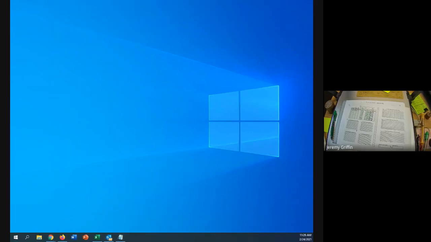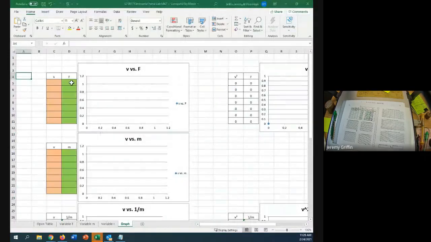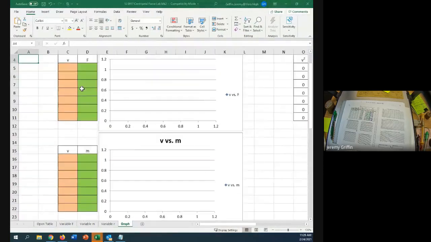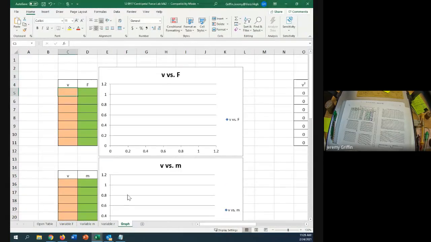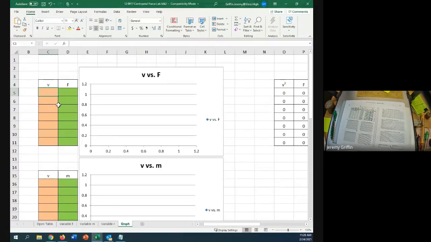This is one of those labs that if you're pretty good with keeping the radius constant and on the stopwatch, then it's going to turn out pretty good. Otherwise, these graphs can be pretty ugly.